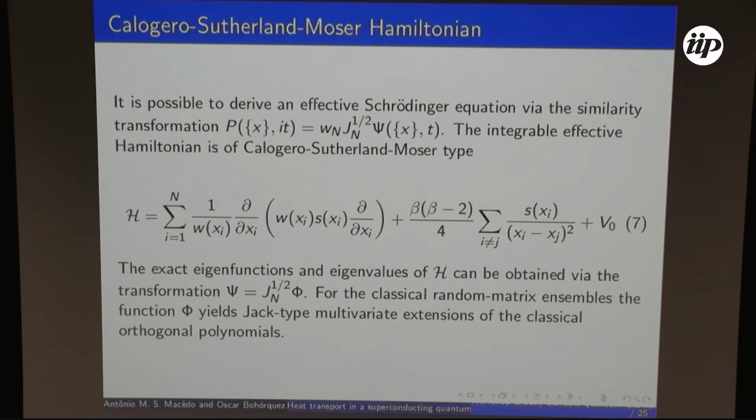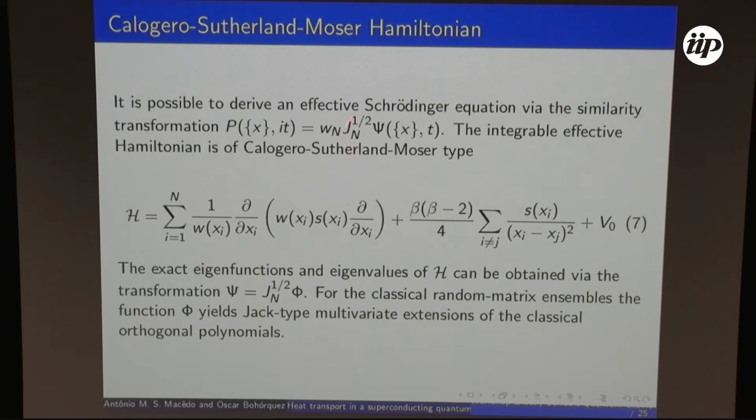Okay, once this is done, you still have to find the complete set of eigenfunctions and eigenvalues, okay? So the next step is to perform a similarity transformation. It's called the Sutherland transformation. So you go from real to imaginary time. This is very simple. It's a Wick rotation.